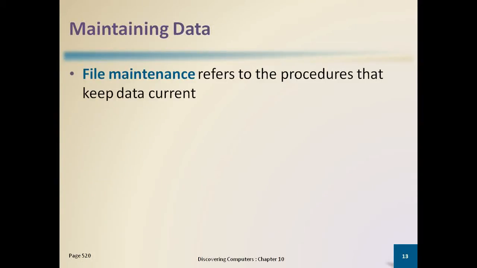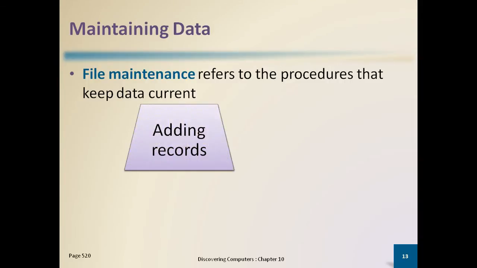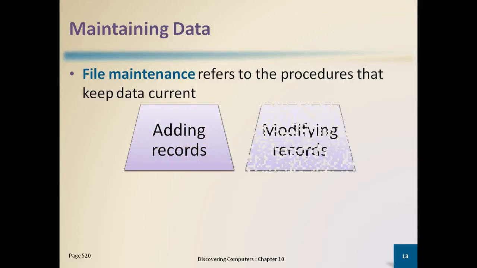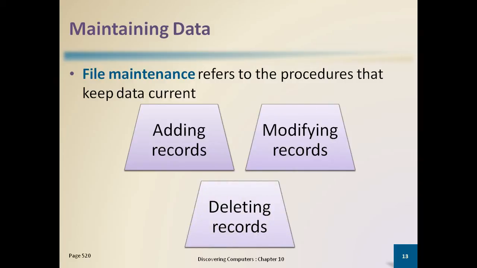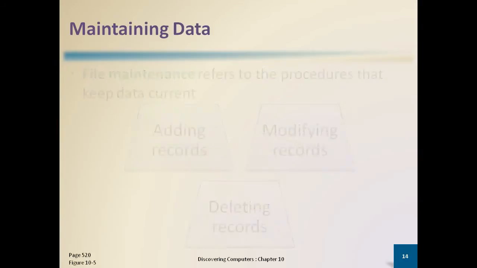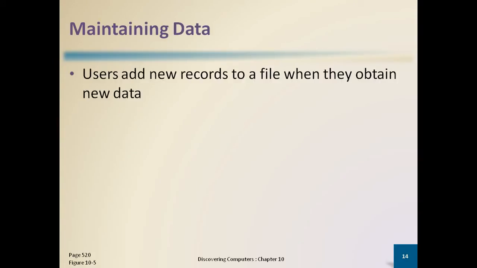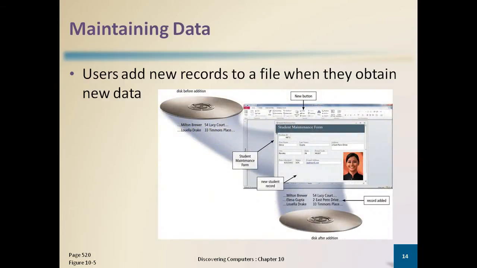Maintaining data. File maintenance refers to the procedures that keep data current: adding records, modifying records, deleting records. Users add new records to a file when they obtain new data.